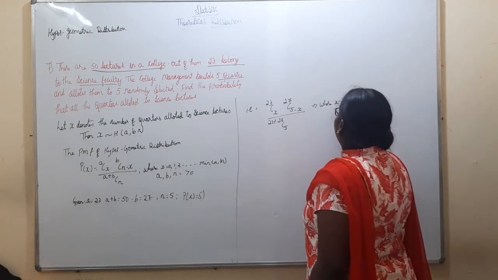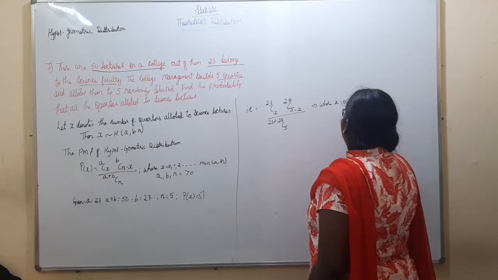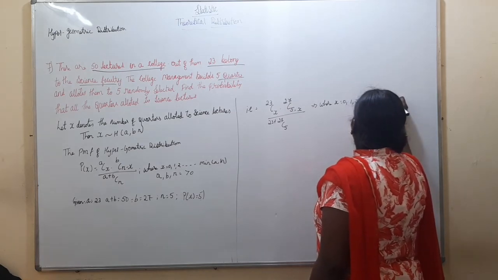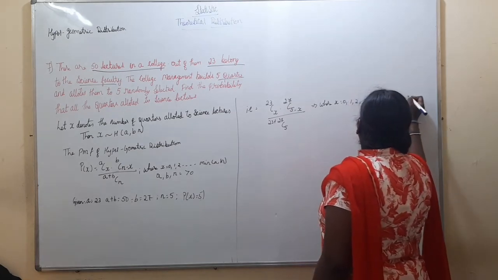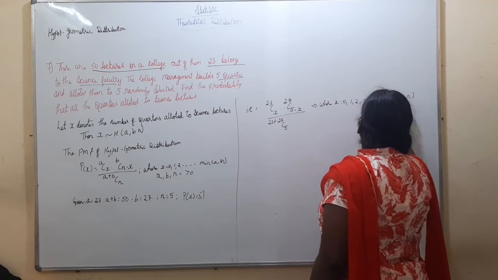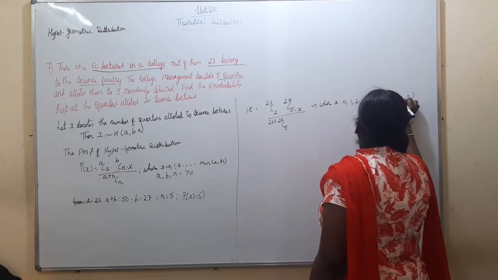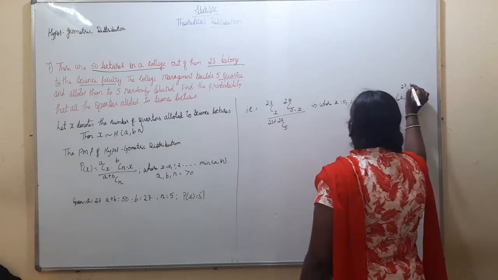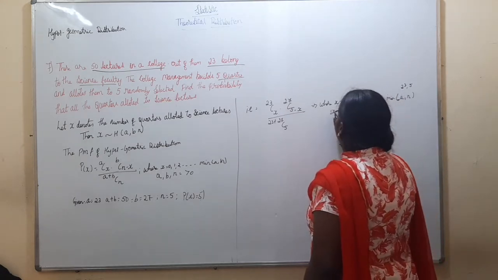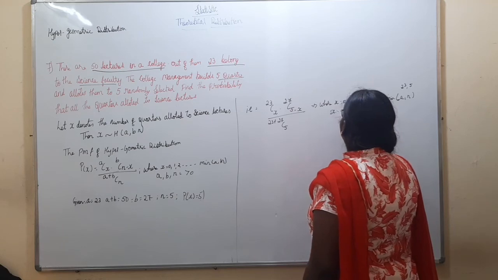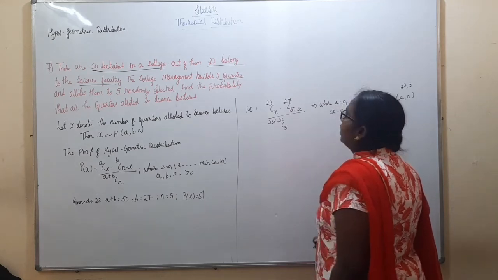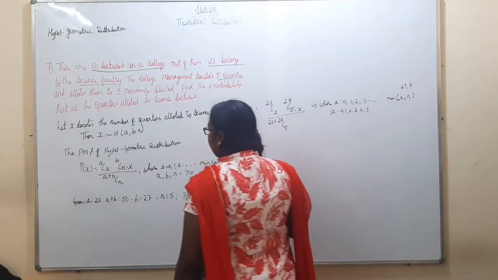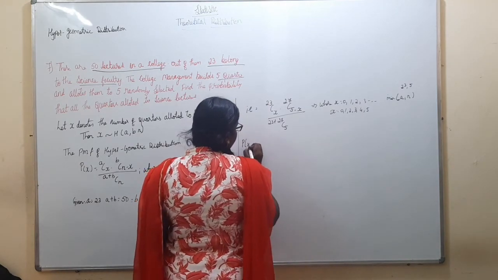Where X is 0, 1, 2, 3, up to minimum of A and N. A is 23 and N is 5, so X will be 0, 1, 2, 3, 4, 5. X is 5.